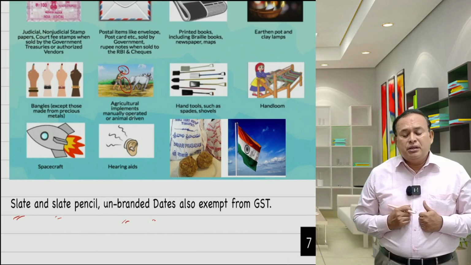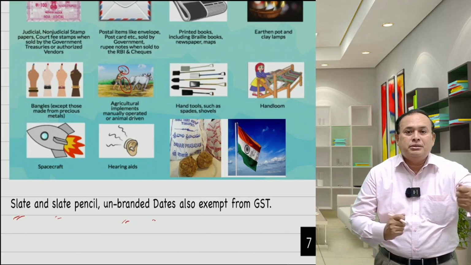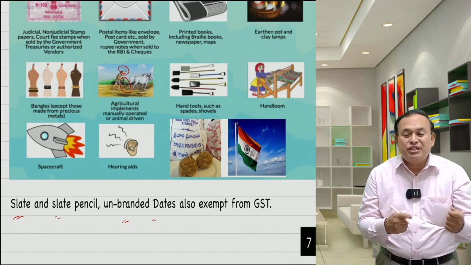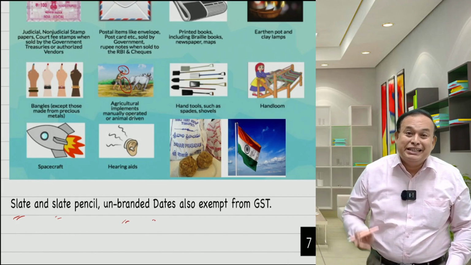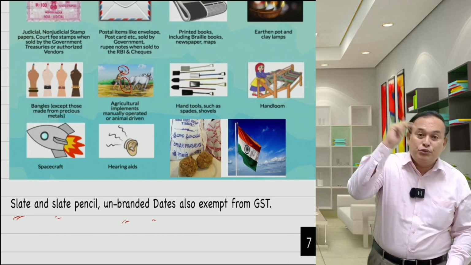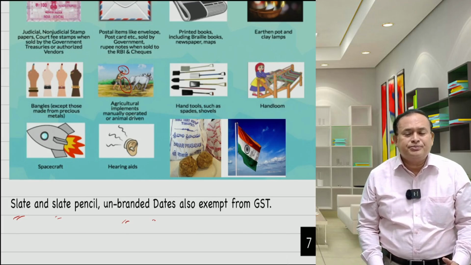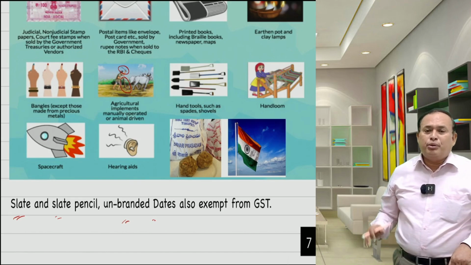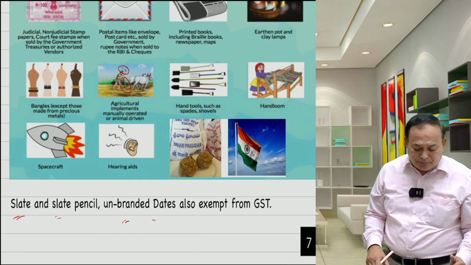Even handmade music instruments, which are indigenously made, free from GST, nil rate of GST if I supply those goods. Like that we have multiple points which I have listed here for your kind consideration.